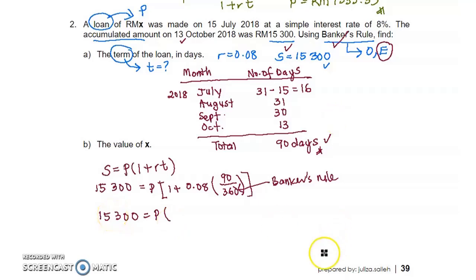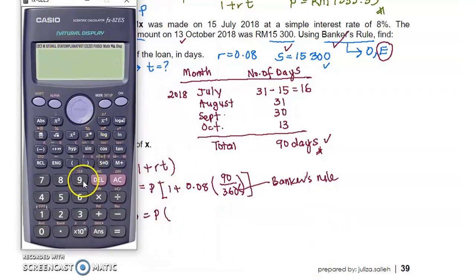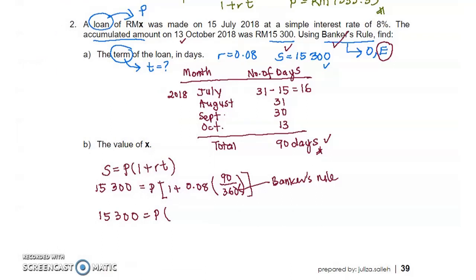If you calculate this part, 90 over 360 times 8% plus 1, you get 51 over 50. If you want to use decimal, no problem, 1.02. So P equals 15,300 divided by 1.02.